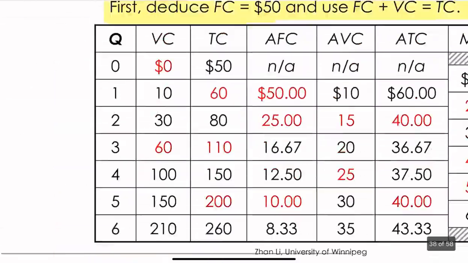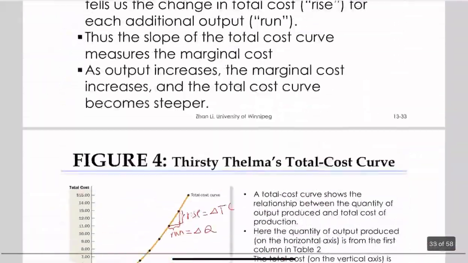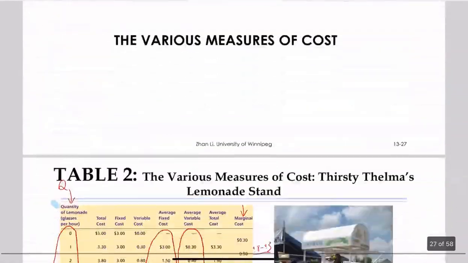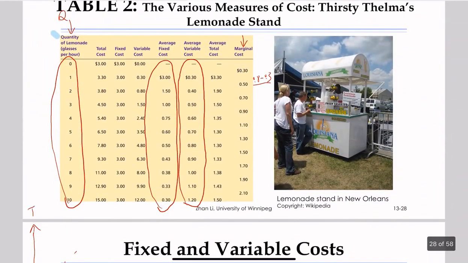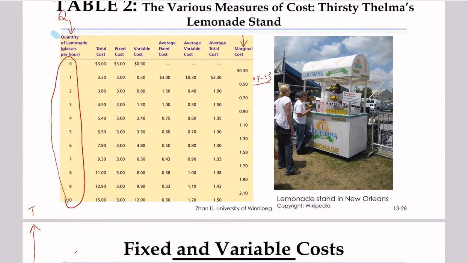Now let's look at the table here and see at what quantity the average total cost is the lowest. I see. Now we have two numbers, right?